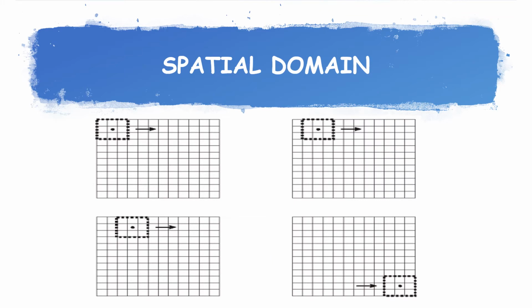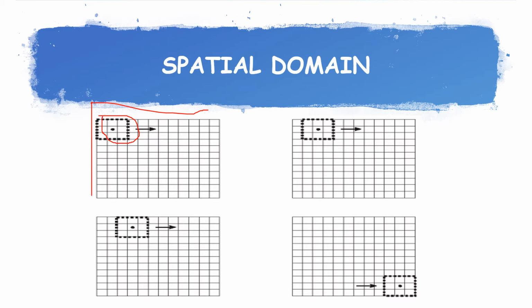Now this diagram tells you how a 3 cross 3 neighborhood is going to work. As I've told you earlier, you're going to consider a 3 cross 3 image, and the background is the original image which is given. This is the original image pixels, and this is the 3 cross 3 neighborhood we have considered.